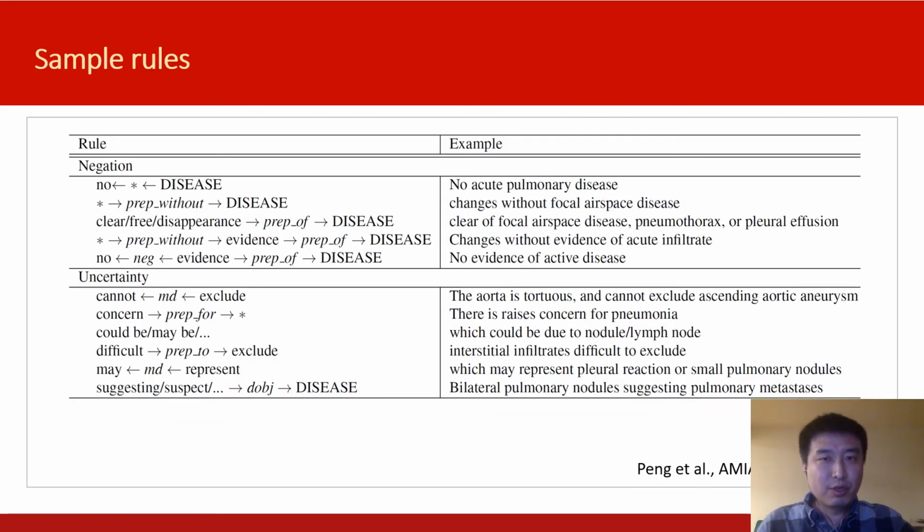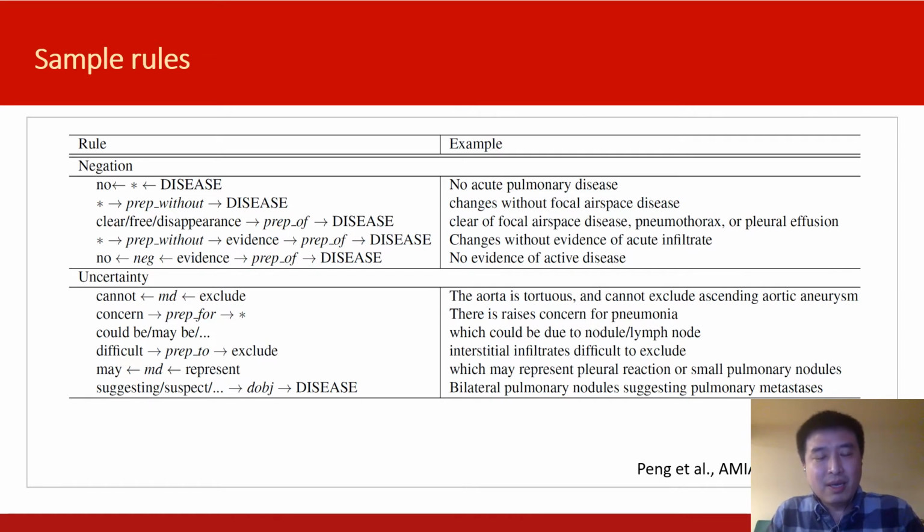Here I want to show you several rules that are frequently observed in radiology reports. For negated findings detection, the most common rules are "no disease," "without disease," "clear," "free," or "disappear" of a certain disease, or "without evidence of disease."